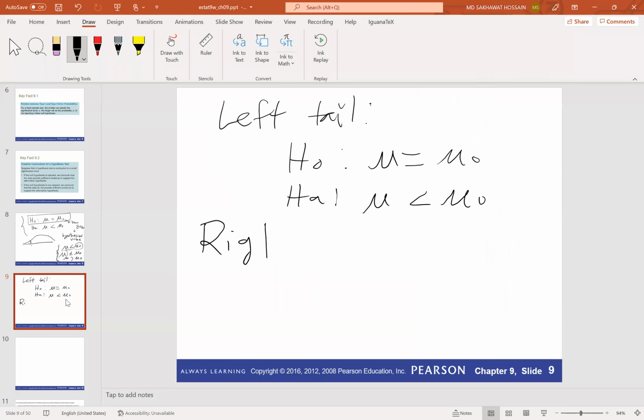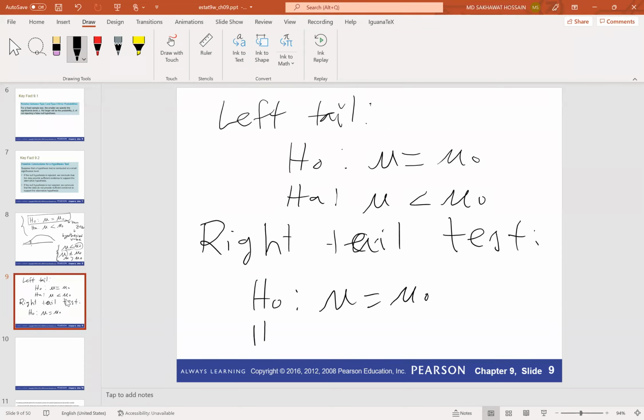Then the right tail test is mu is equal to mu0, and the alternative is mu greater than mu0. If your null hypothesis is like this and the alternative is mu greater than mu0, then it will be called a right tail test.